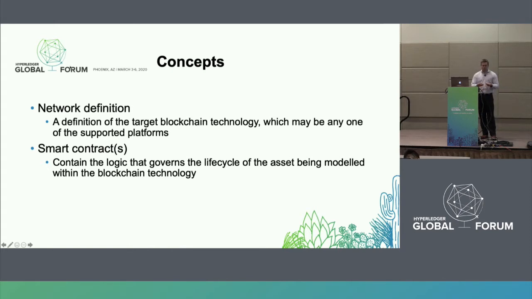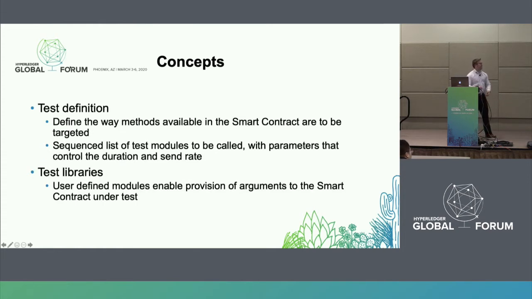It governs the life cycle of the assets being modeled within this target blockchain technology. These are generally bound together. This is not a strictly necessary part, because we'll need this if we want to stand the network up itself. So we'll be standing your network up, deploying your smart contracts. That's an optional stage.